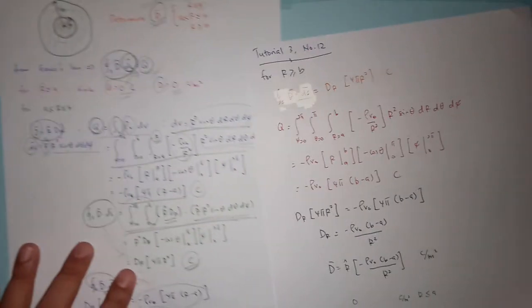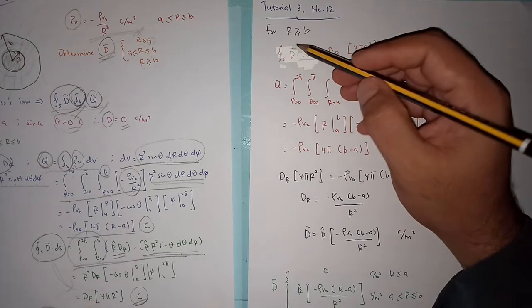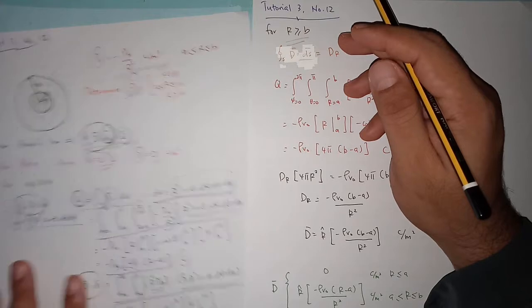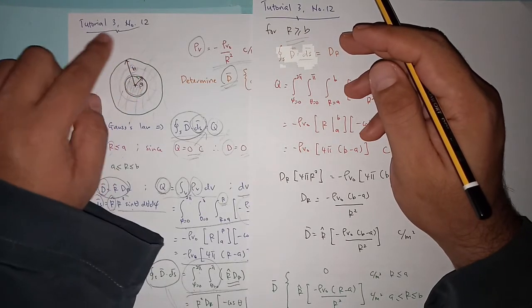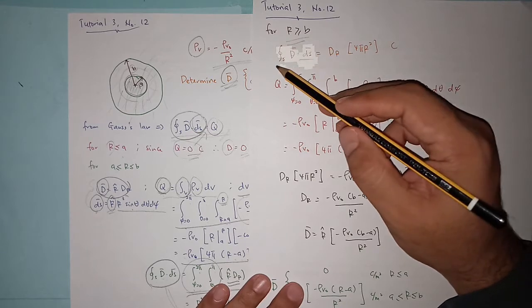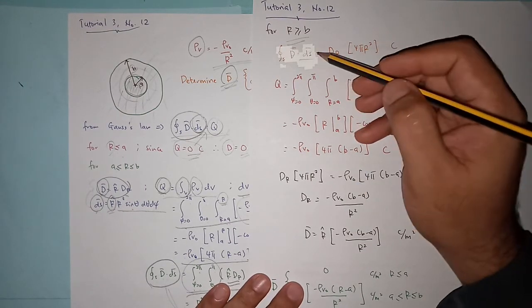Alright, and for the last region, we need to consider the region outside our charge density. In this area, outside this charge, again we will use the Gauss law equation.